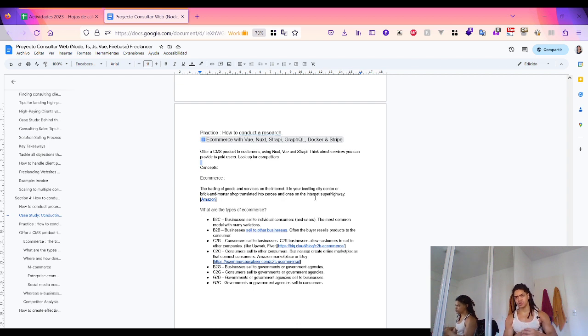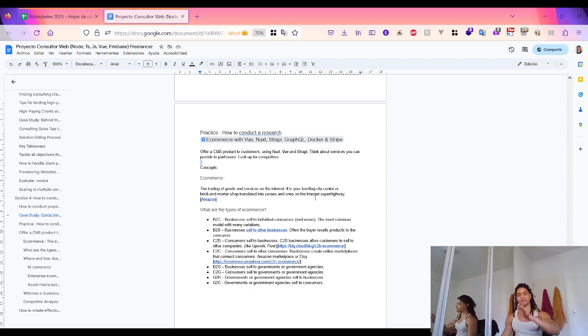And consumers can order food from restaurants online in places like Grubhub, specifically in the US, Uber Eats, DoorDash.